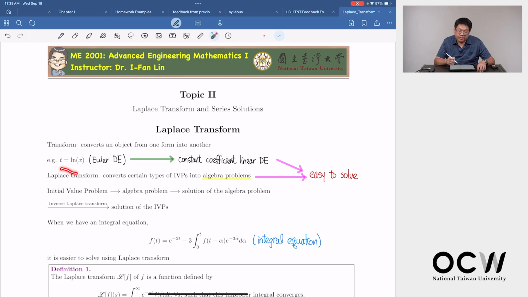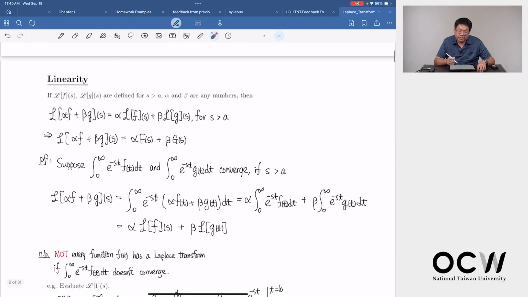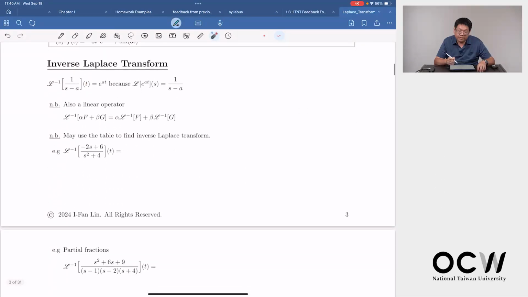Just remember that on Wednesday, we talked about the Euler differential equation. We have a change of variables, changing the equation to a constant coefficient linear differential equation. And then once we got the solution, we also need to convert it back to express our solution in x rather than in t. So here, this is the inverse Laplace transform.